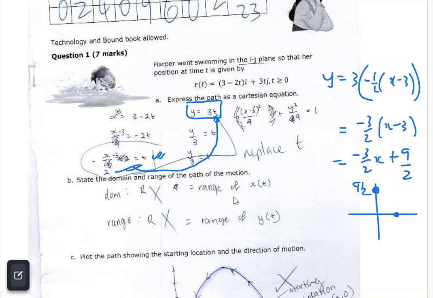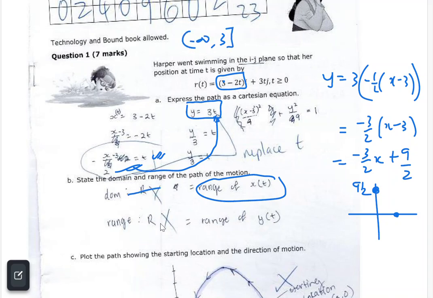Now, the range of x of t will be the range of this. And the range of this as t is 0 would be 3. And then as t gets bigger and bigger and bigger, this gets minus. So we're going to go from minus infinity to 3.